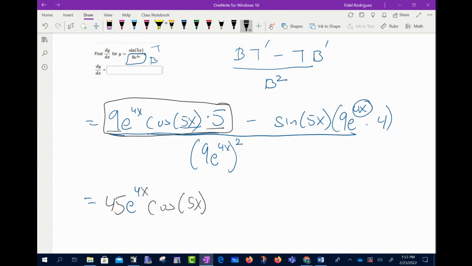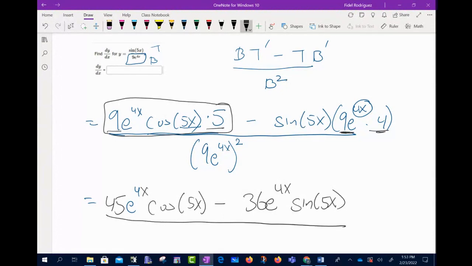Cosine of 5x minus, look, let's do the same thing here. What's 9 times 4? 36e to the 4x times the sine of 5x all over.